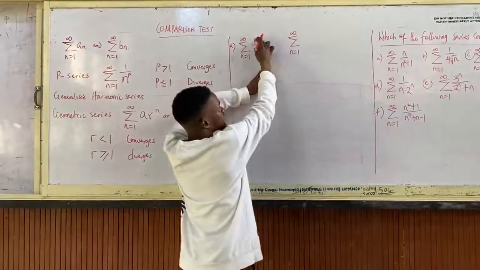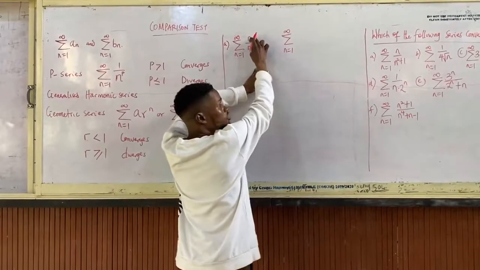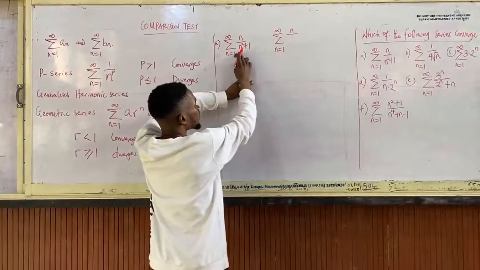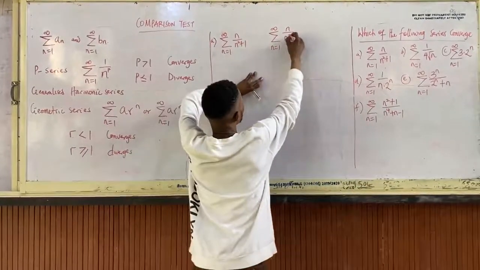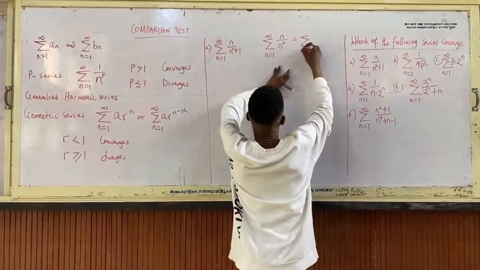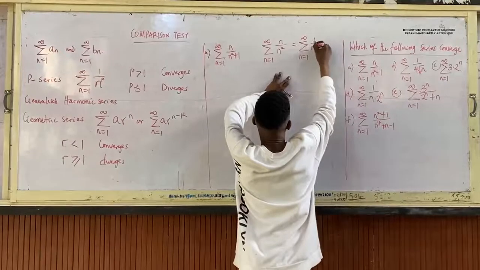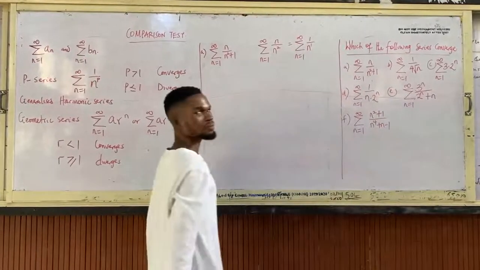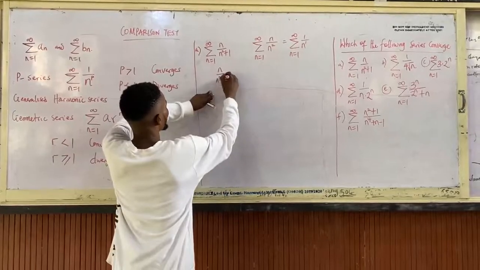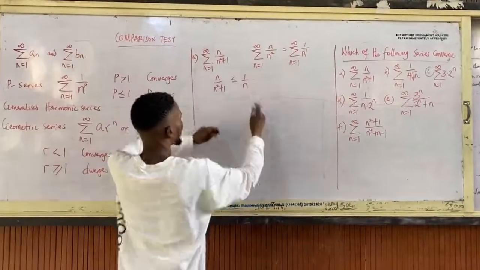The highest variable here is n, that's n raised power 1, and the variable here is n raised power 2, which gives 1 over n raised power 1. Clearly, we know that n over n squared plus 1 is less than or equal to 1 over n.